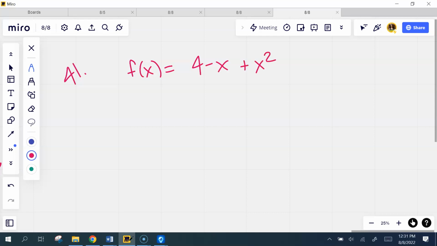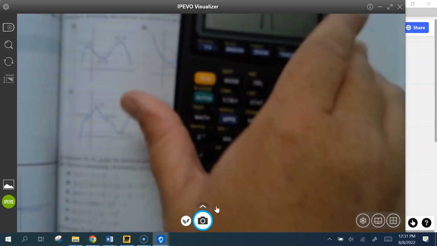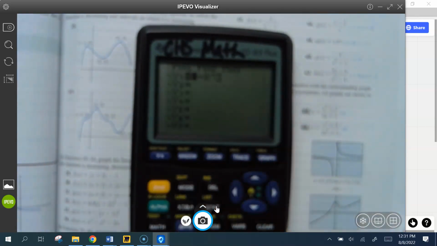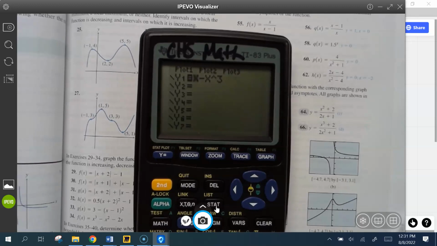Use a grapher to find all local maximum, minima, and places of X where they occur. Give it rounded. So, here we go. Y equals 4 minus X plus X squared.